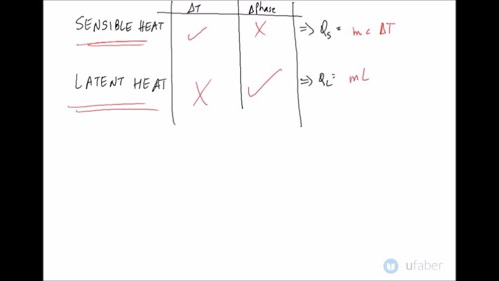Okay, where C is the specific heat capacity of the substance. Okay, and L is the specific latent heat.